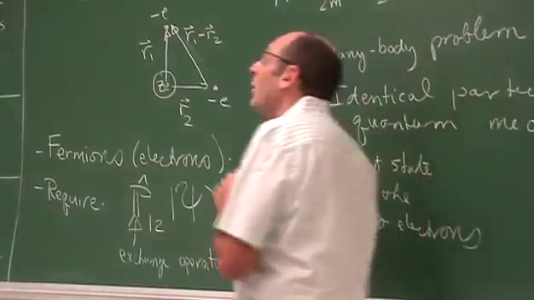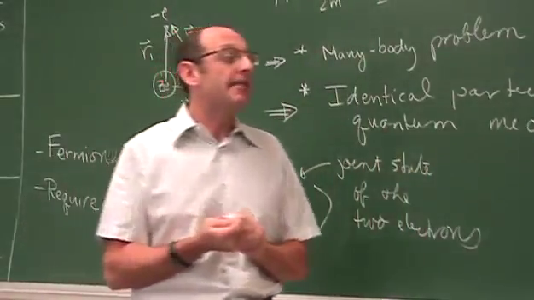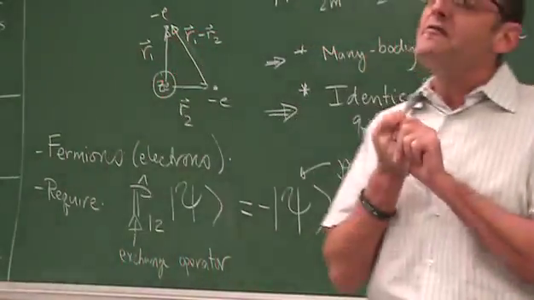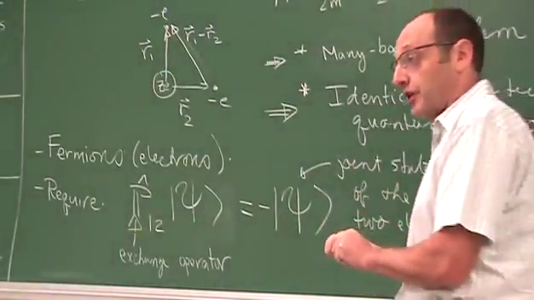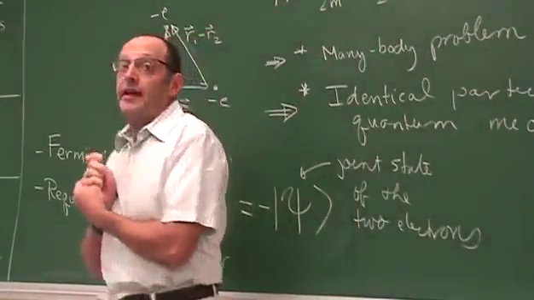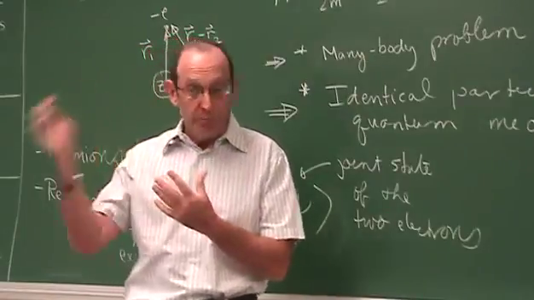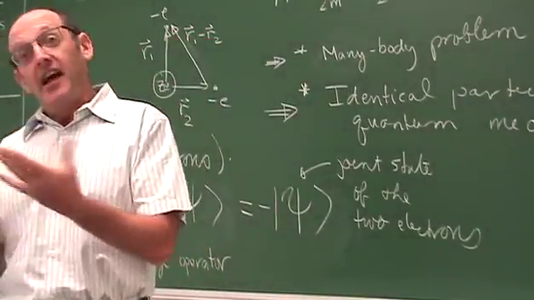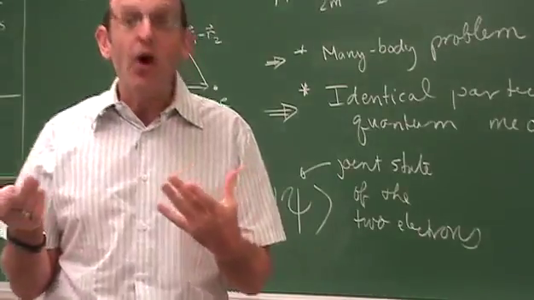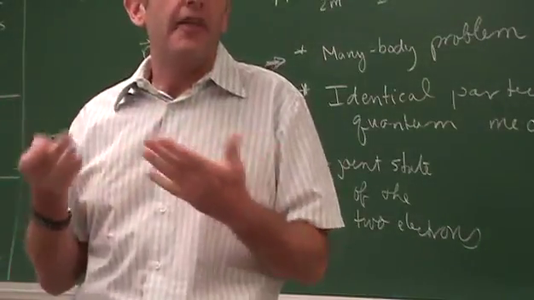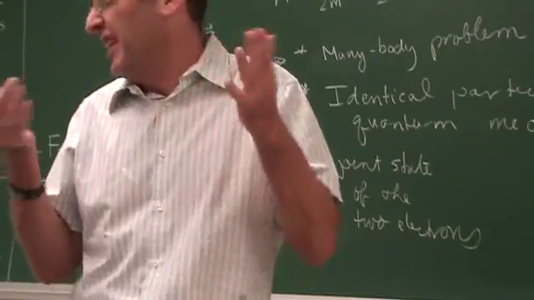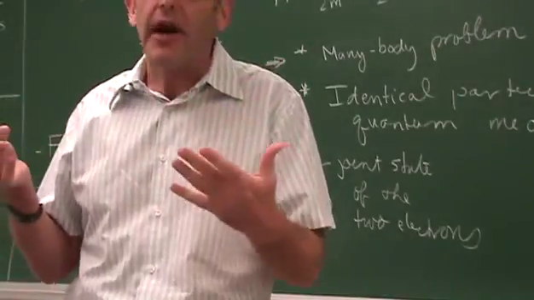And of course, what that means is that spin plays a very profound role in the structure of multi-electron atoms, much more profound than it did in hydrogen. In hydrogen, it played a role because of magnetic effects, which we can think about as relativistic corrections.